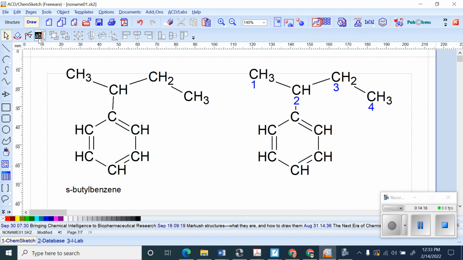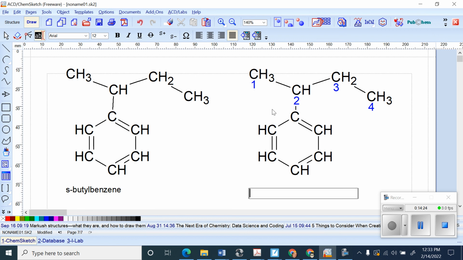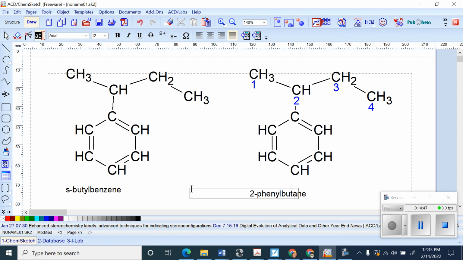Either of these are acceptable. The IUPAC actually prefers something else, but that's okay. Our textbook uses this system, and sometimes benzene as a group is called a phenyl group. So 2-phenyl butane. Either of these are acceptable.